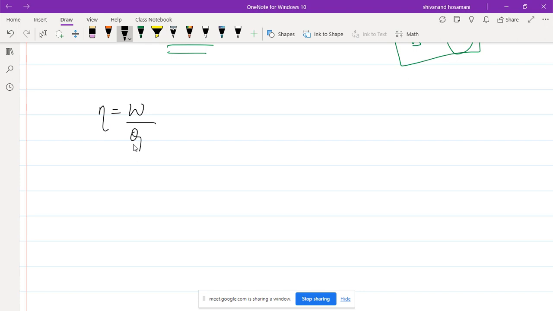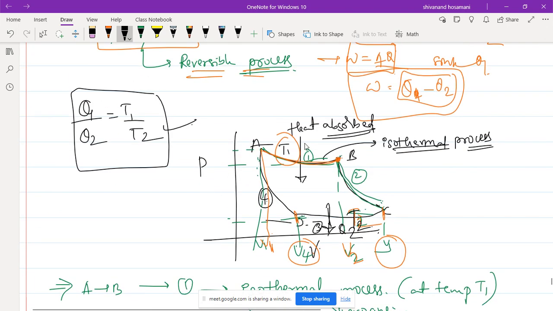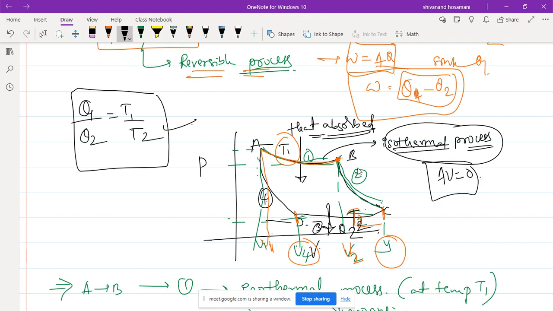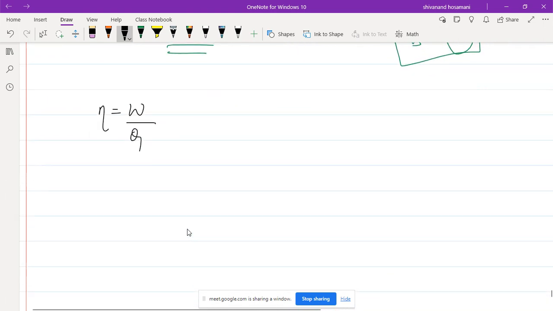In the first process, the isothermal process, heat is absorbed. Since it is an isothermal process, delta U is equal to 0, so W and Q are the same. Therefore heat taken Q1 is equal to W1, and W1 is equal to NR T1 ln of V2 divided by V1.